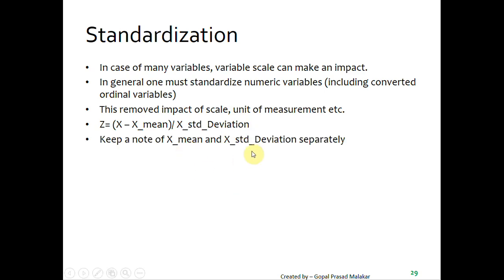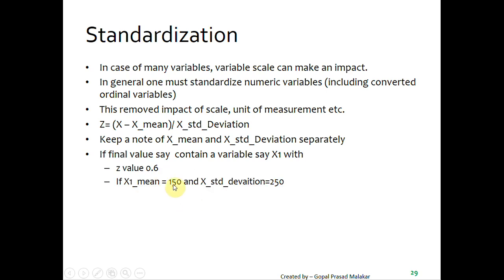You should make a note of this, because you will have to use it later, since you would never present data in Z format, because nobody will understand it. Say the variable is x1 and the Z value is coming as 0.6, and the mean of x was 150 and the standard deviation was 250.